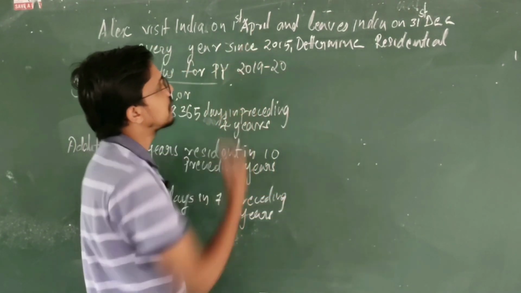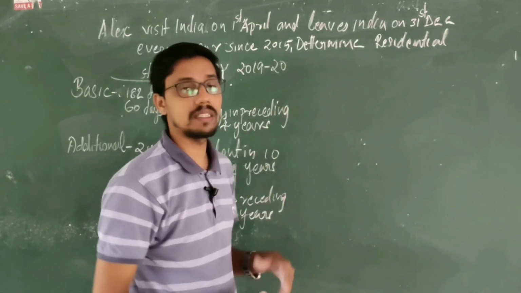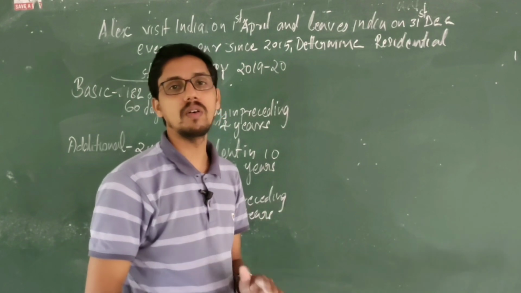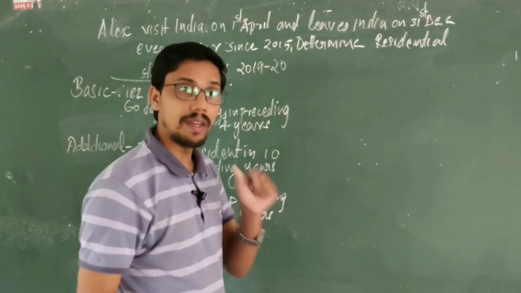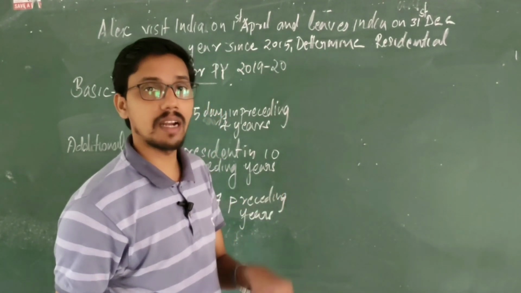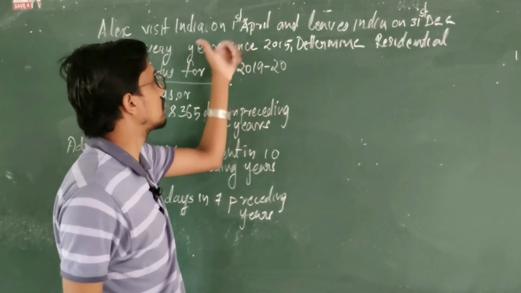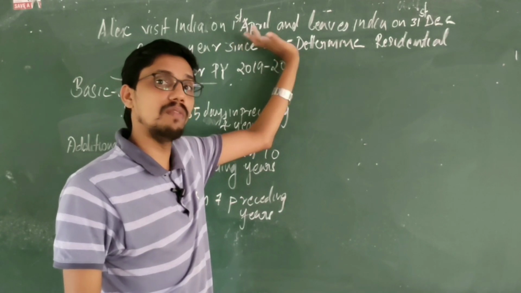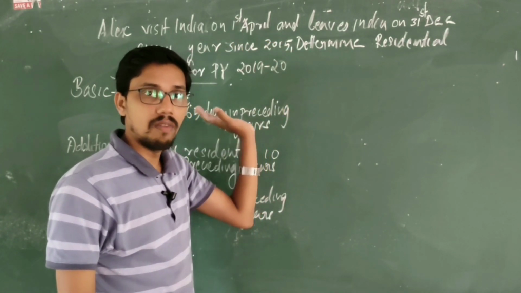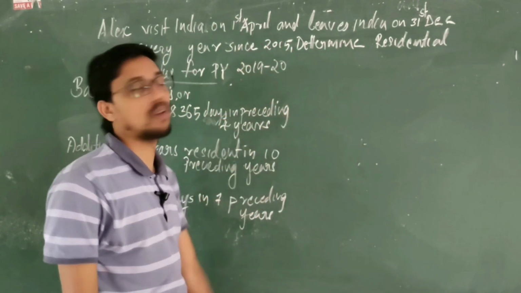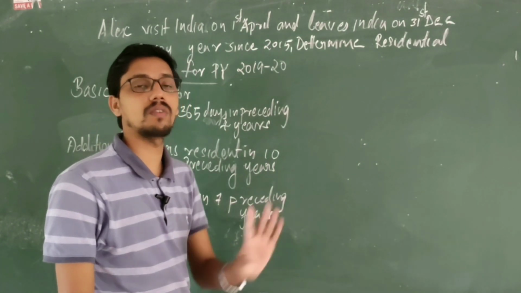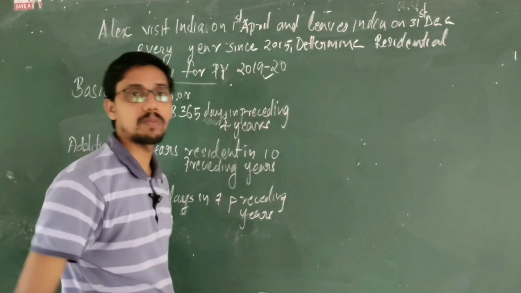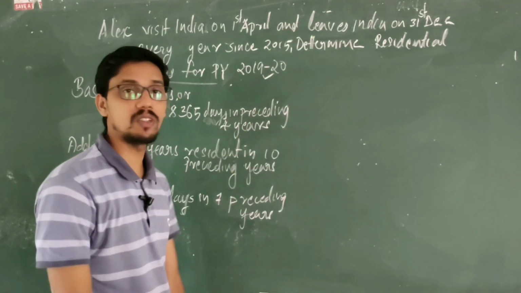Alex visits India on 1st April and leaves India on 31st December every year. He started visiting from 2015 onwards, regularly. We are asked to determine the residential status for the previous year 2019-20.